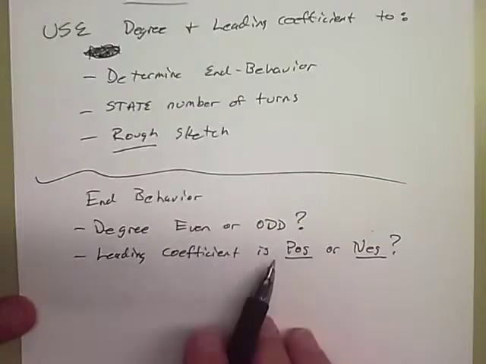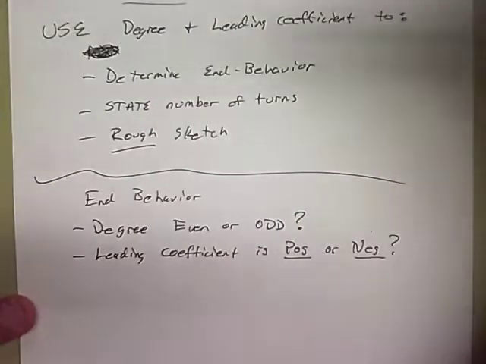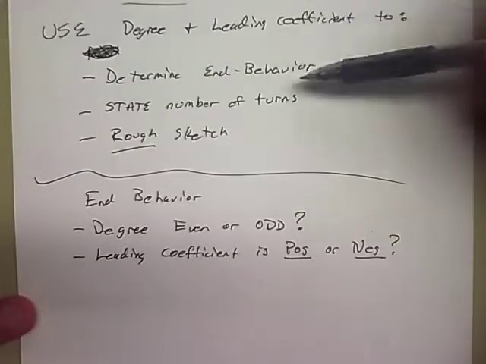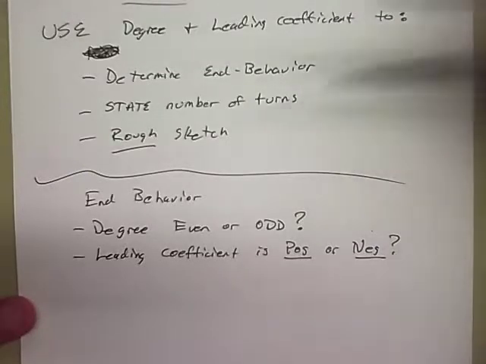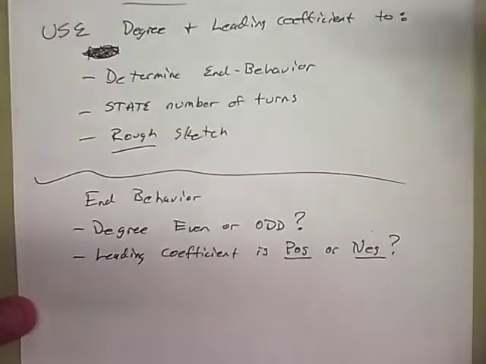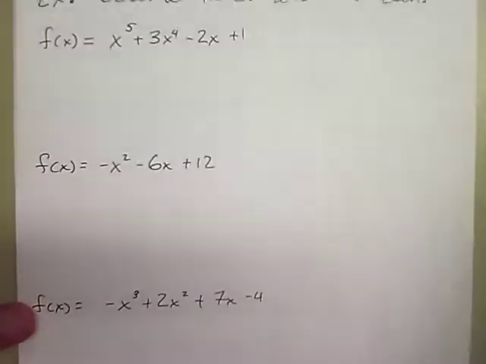And once I've determined that, then I can look at my chart and figure out exactly which way the arrows are pointed. Now, as far as the number of turns are concerned, we saw earlier, in fact, we'll just get to that part when we get to it. So first things first, let's determine end behavior, okay? So a few examples on end behavior.